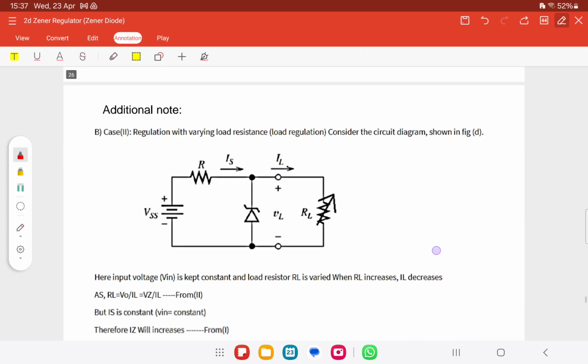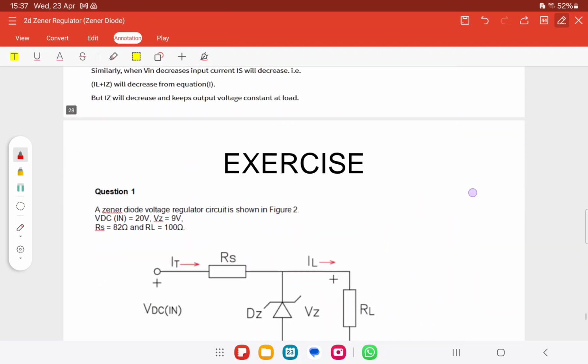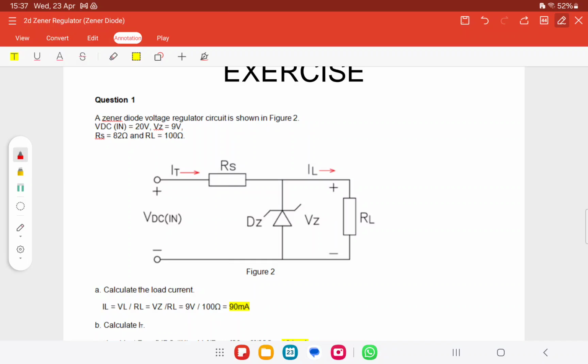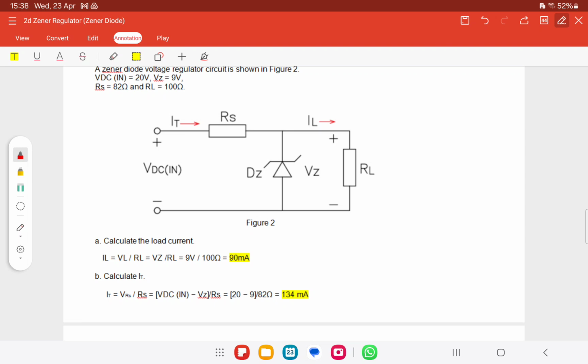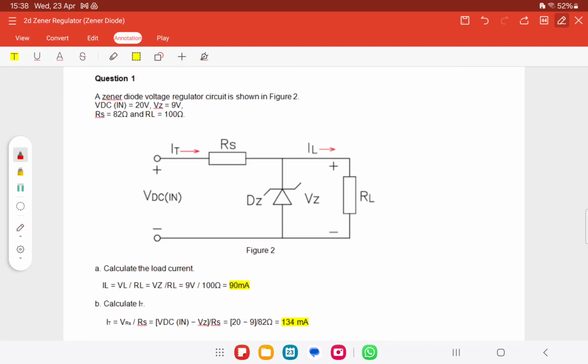So this is one example, tapi this example saya dah letak siap with the solution. This is one example of question, contoh soalan test lah. Okay guys, this one fixed for both the supply and the resistor.